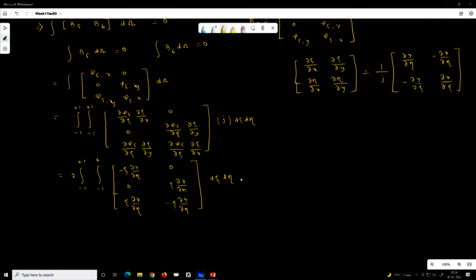Similarly that b6 integral, so integral b6 d omega becomes, I will write the final form, so that is integral eta dy by d xi, 0, 0, eta. So b6 is my 1 minus eta square.